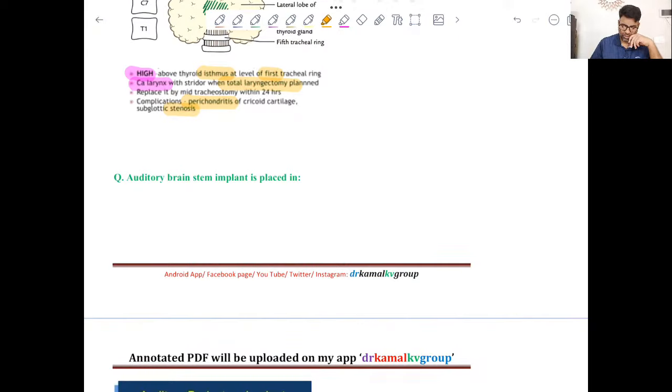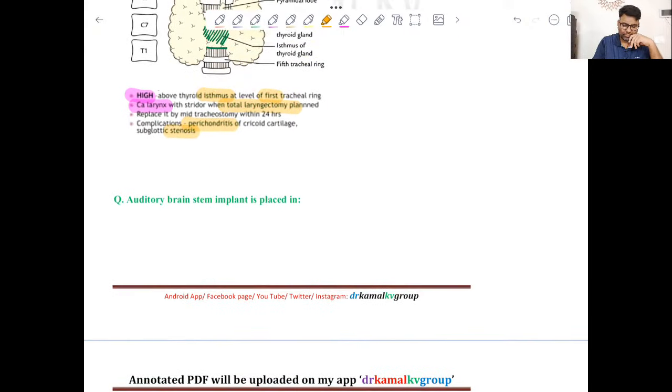Chalo. Next question was about an implant placement. So that is auditory brainstem implant placement. Now what is the location of the placement of this auditory brainstem implant?